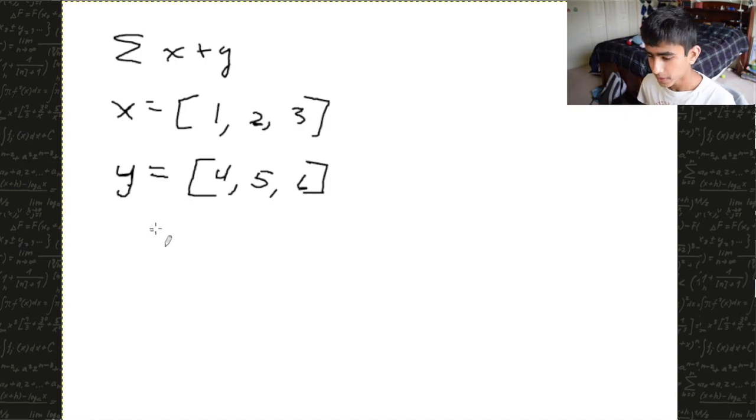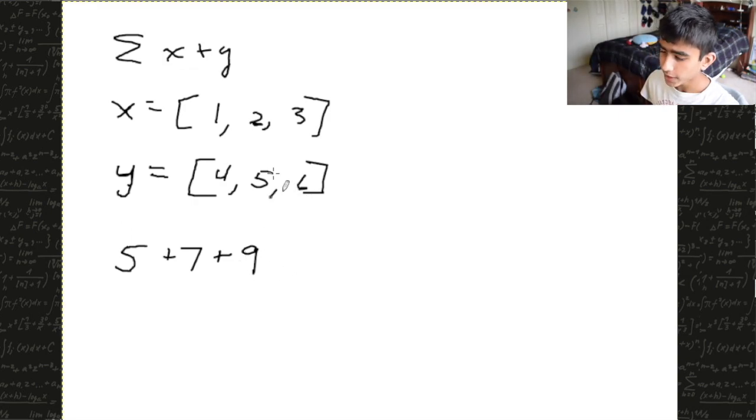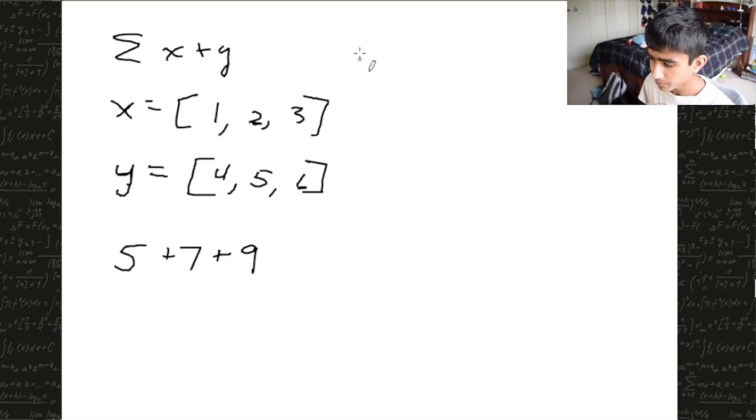And basically if you actually follow this sigma notation, you'd get 5, which is 1 plus 4, plus 7, plus 9, right? But what would you get if you do this?